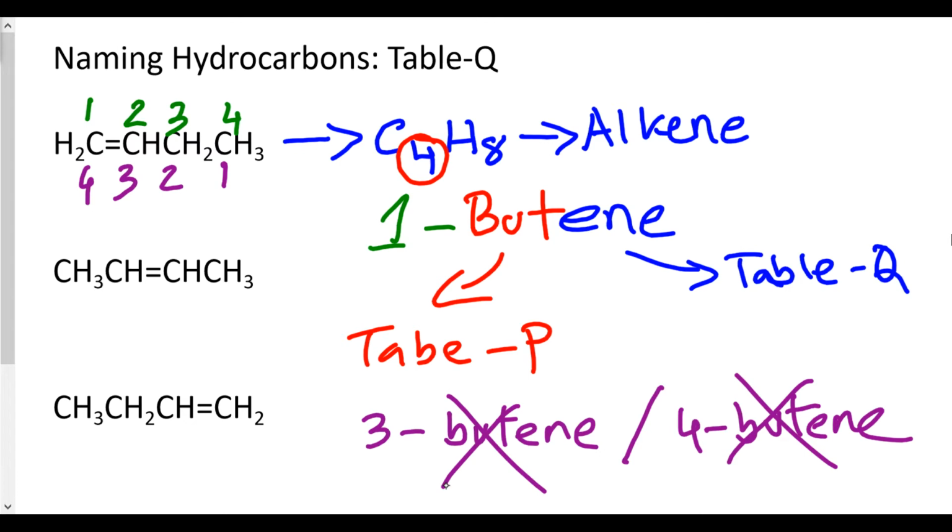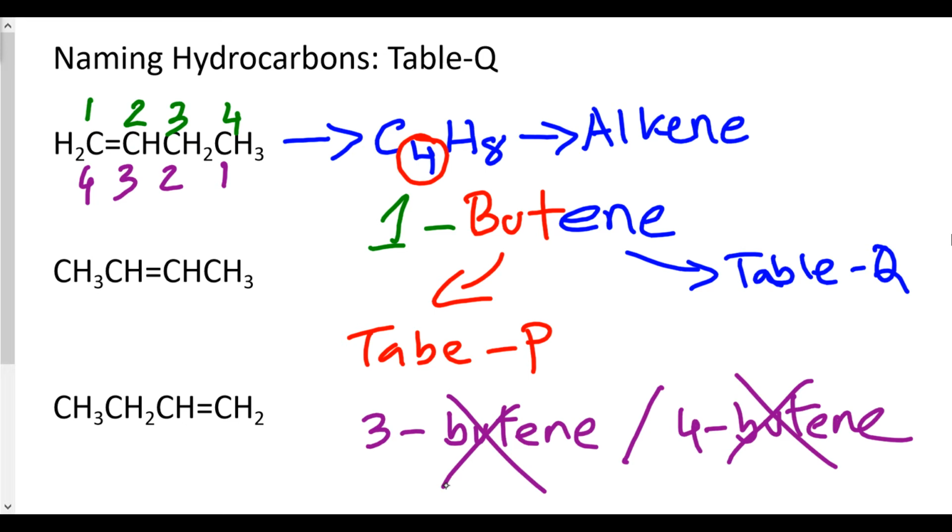So in this case, we had an option between 1-butene, 2-butene, 3-butene or 4-butene. We picked the lowest possible number. For the first option, if you look at the green numbers from left to right, I had an option between 1-butene and 2-butene when the double bond was in between carbon 1 and 2. So I picked 1-butene because that's the lowest number. If I was counting from right to left, I would have gotten 3-butene or 4-butene.